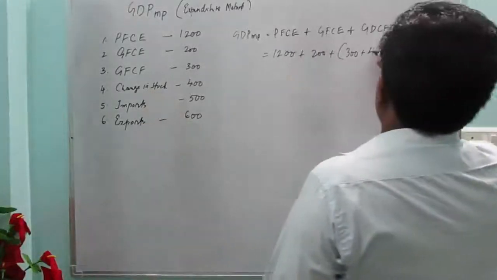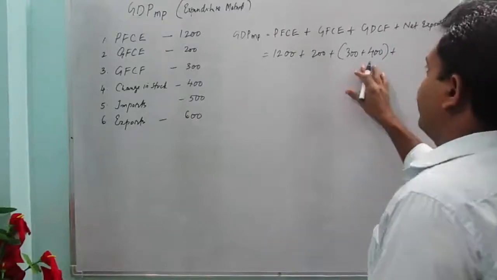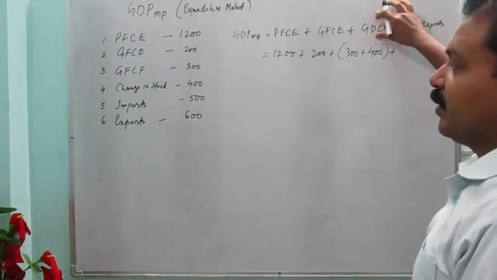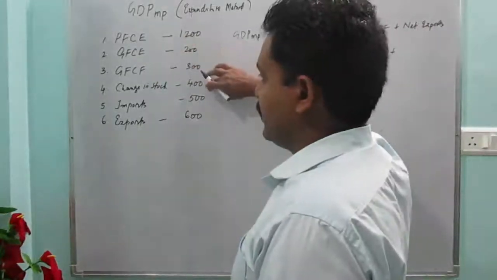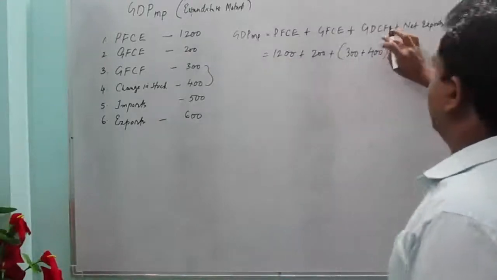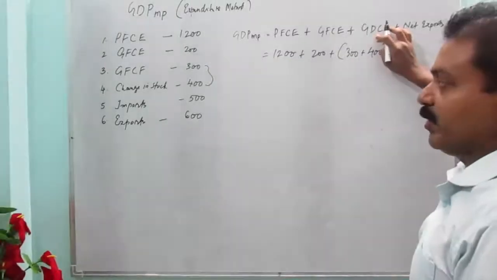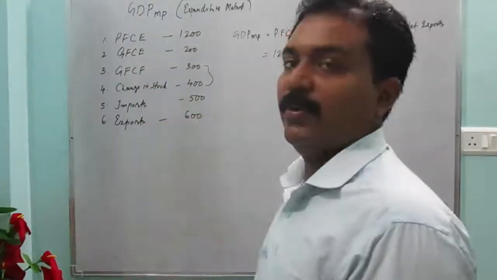Change in stock. These two together constitute what? Gross domestic capital formation: gross fixed capital formation plus change in stock. These two together make gross domestic capital formation.